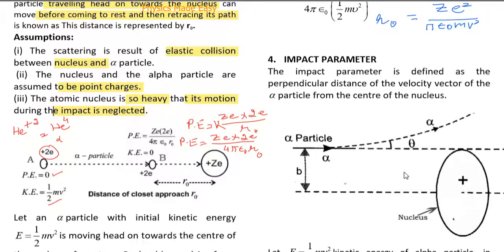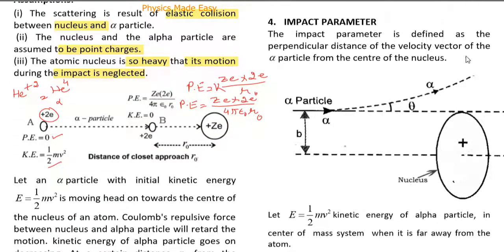So this is the distance of closest approach. Another concept is the concept of impact parameter. A question on this has been asked in NEET. Impact parameter is defined as the perpendicular distance of the velocity vector of the alpha particle from the center of the nucleus. Let us assume this to be the alpha particle. I have deliberately made its size larger.